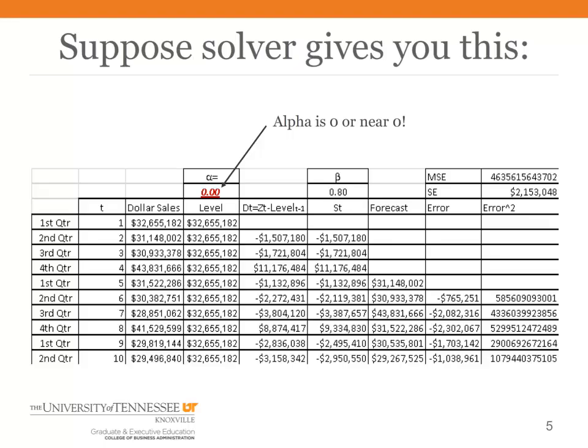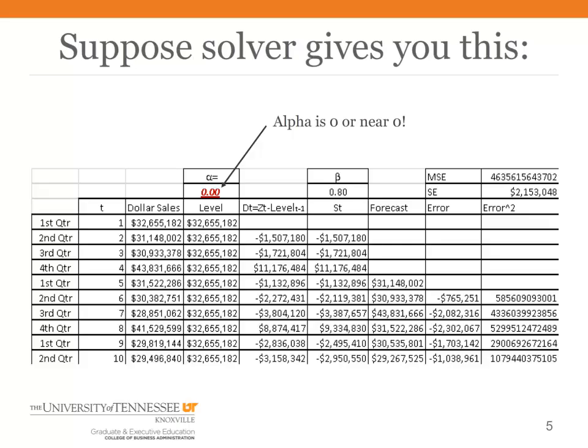So let's take the spreadsheet or the model that we worked with last time, and let's pretend when you do Solver and find the optimal values of alpha and beta, alpha comes out to be 0, or very close to 0. For example, it could be minus 0.001 or whatever.